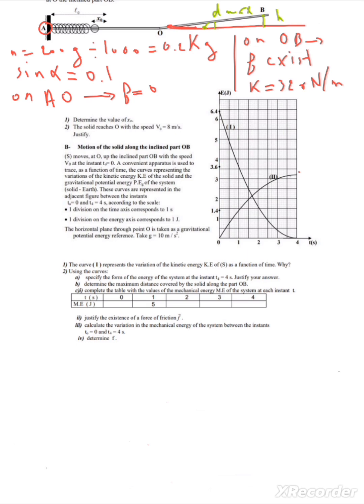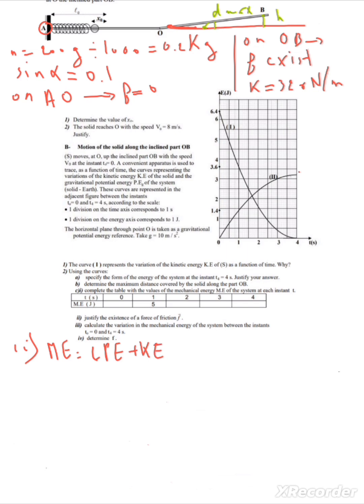Part 2c: complete the table with the values of the mechanical energy ME of the system at each instant t. So we have ME equal GPE plus KE.